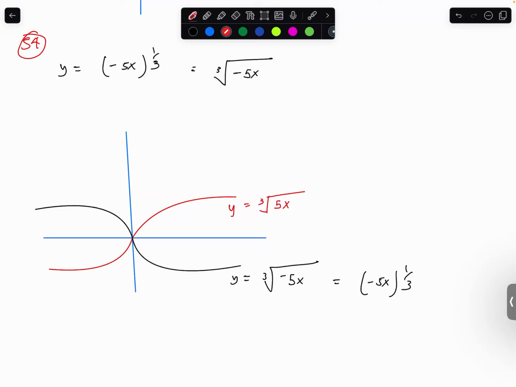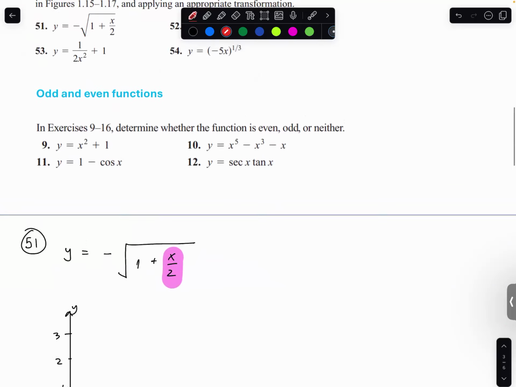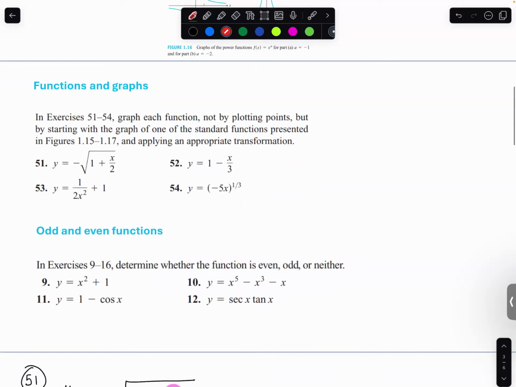And this one is equal to the positive 5x. So this is how you plot these simple graphs.